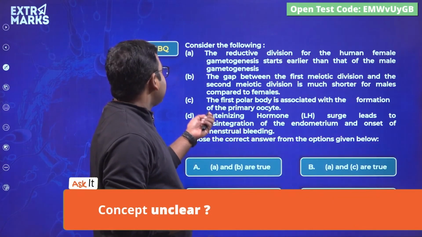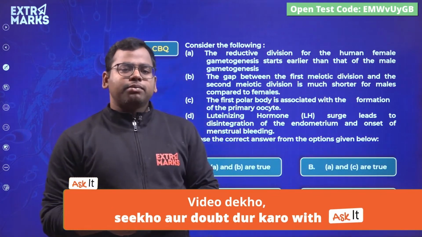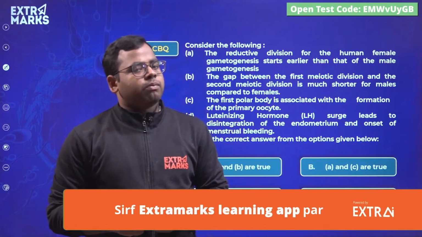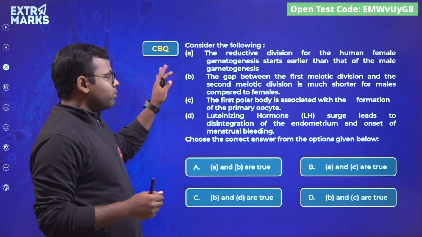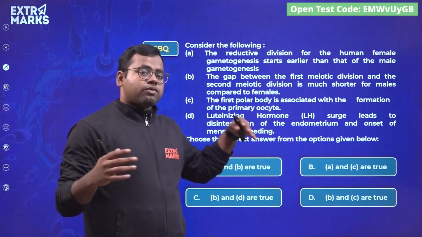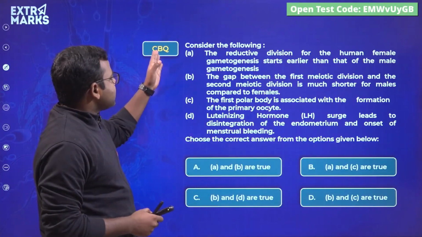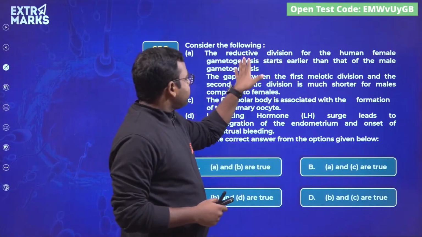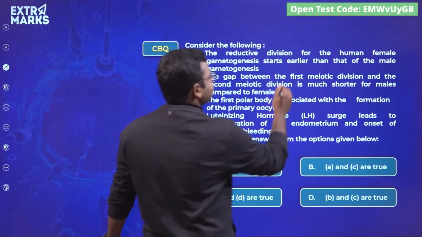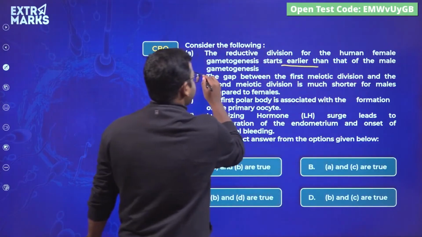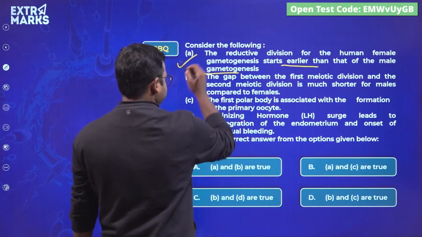Moving ahead with the next, there is a competency based question for all of you. Now in the CBSE examination also, you can see competency based questions are asked. So there are competency based questions here from different topics. So here you can see, consider the following. A, the reductive division for human female gametogenesis starts earlier than that of male gametogenesis. Okay, this is absolutely correct.